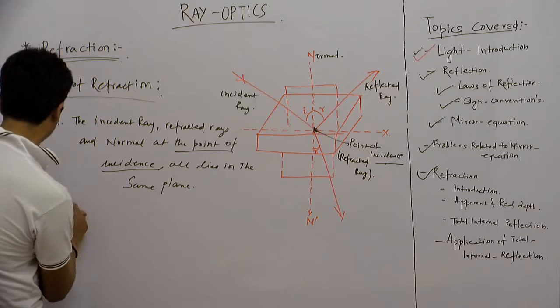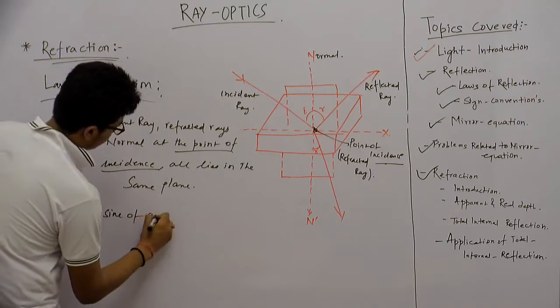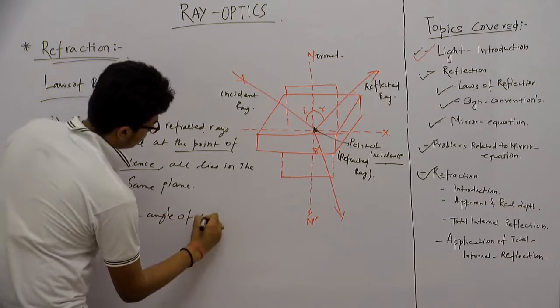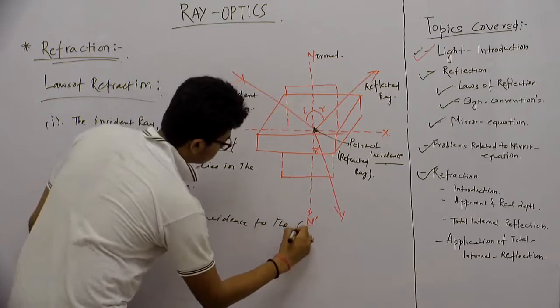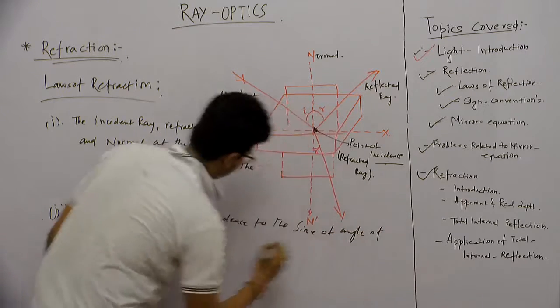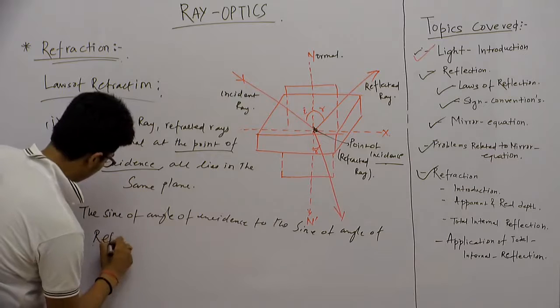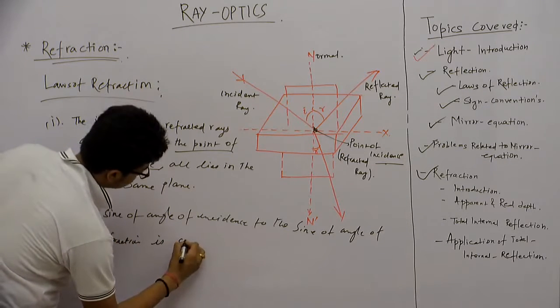The second law of refraction says that the sine of the angle of incidence to the sine of the angle of refraction is constant.